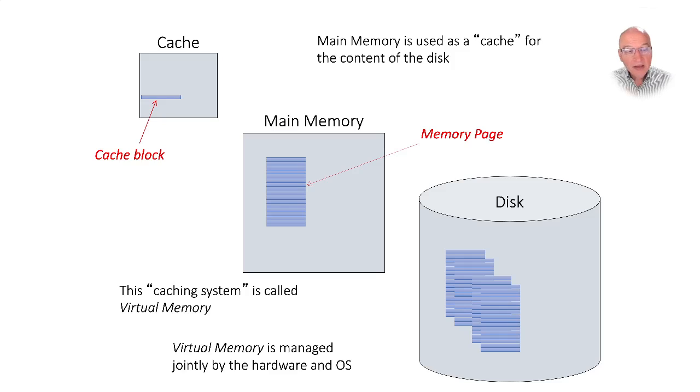However, in the case of the movement of data between the disk and the main memory, the delays involved in this data exchange are much, much bigger. So what we have here instead is that the virtual memory will be managed jointly by the hardware and the operating system. So that's the idea of virtual memory.